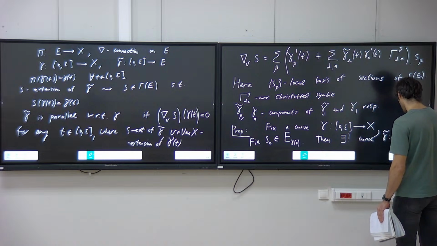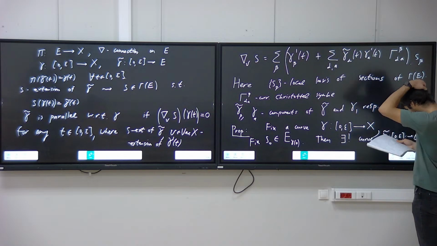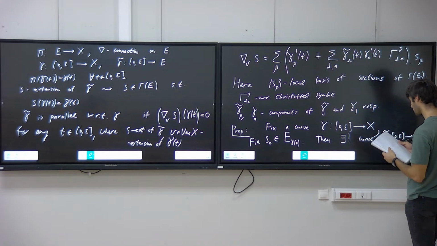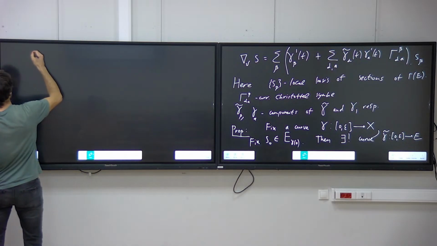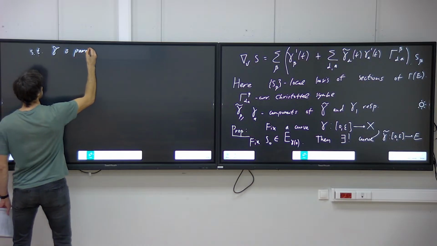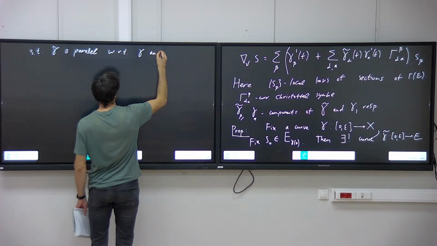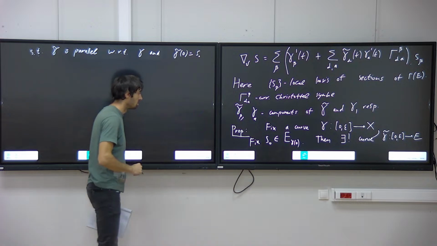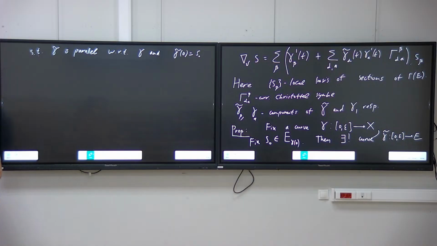So this is a curve in E, which is parallel with respect to gamma, such that gamma tilde is parallel with respect to gamma, and gamma tilde of 0 is v0. All right. So this is okay.